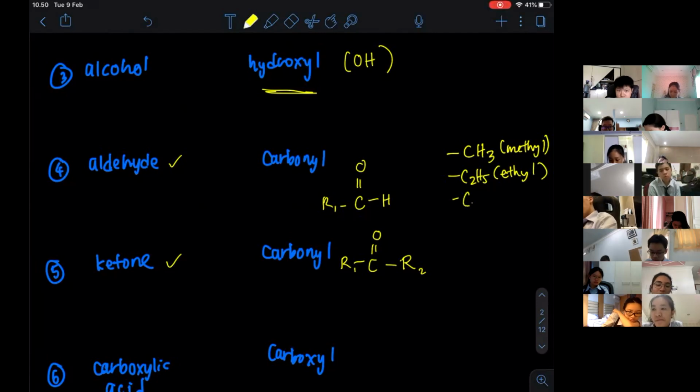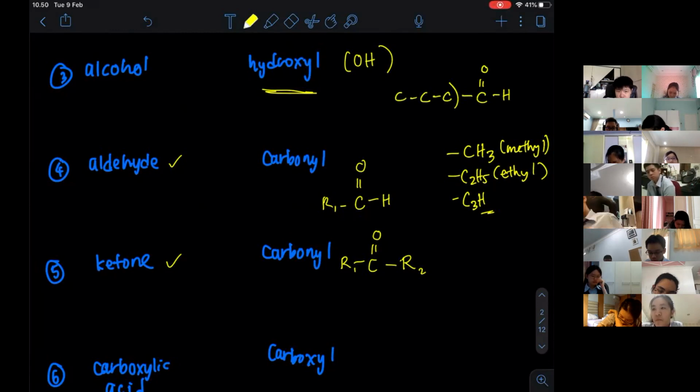We also have C3H, H how many? Let's say you forgot about this. How to do it? Quite simple. If something is attached to, let's say for example, carbon double bond O and then there is H, and you want to attach something that has 3 carbons, you see 1 carbon, 2 carbon, 3 carbon. Each carbon can form 4 bonds.